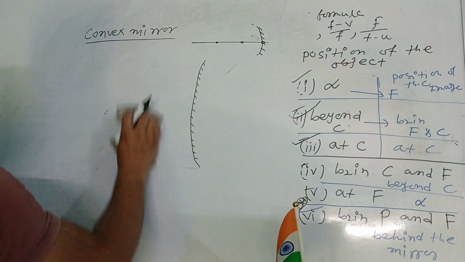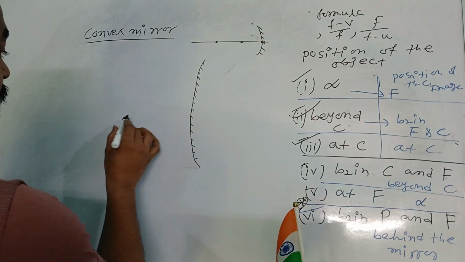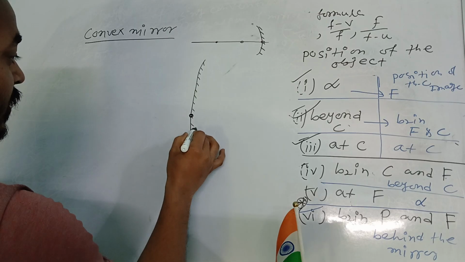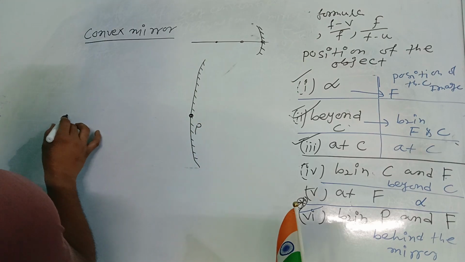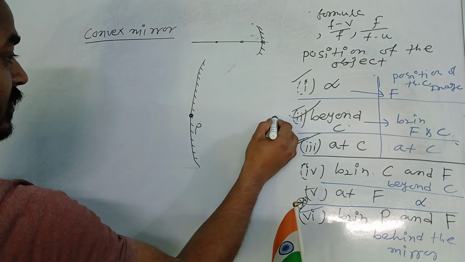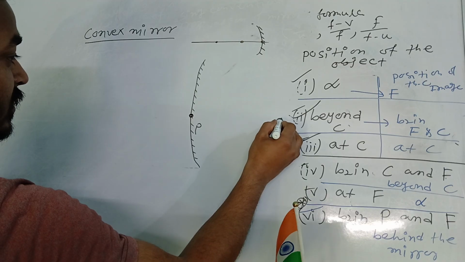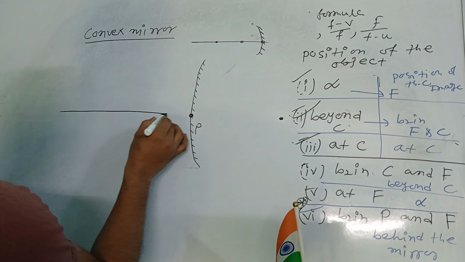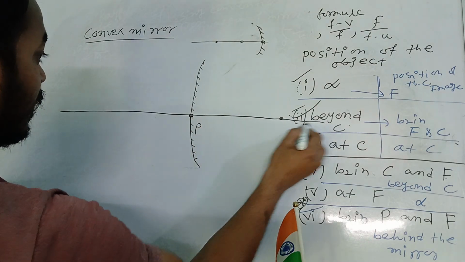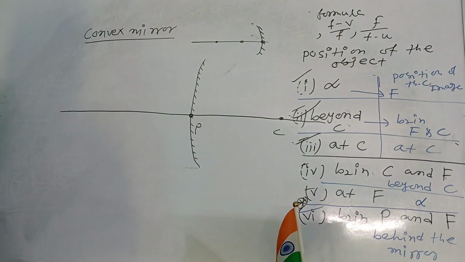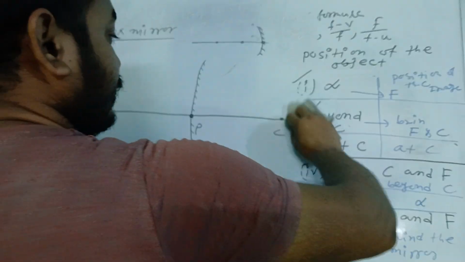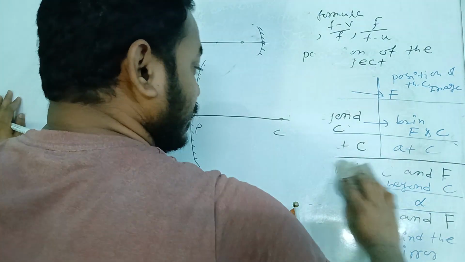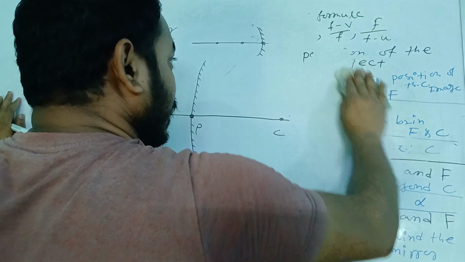Now this is the convex mirror, and let me draw the principal axis. Consider this the midpoint, the pole, and here consider this the center of curvature C. The imaginary line passing through the pole and the center of curvature C is known as the principal axis.